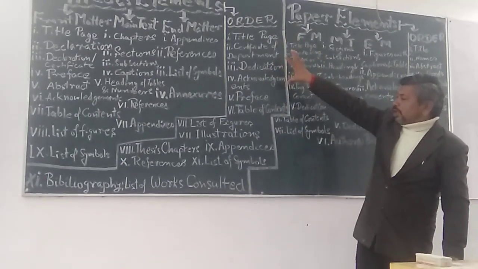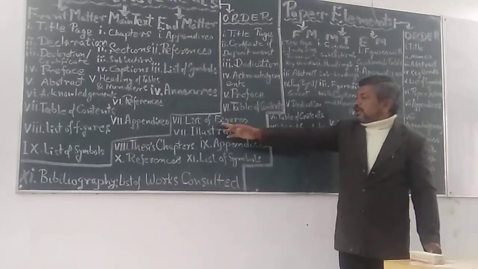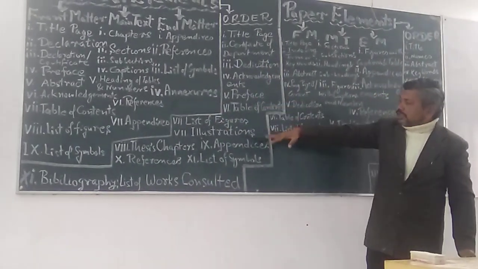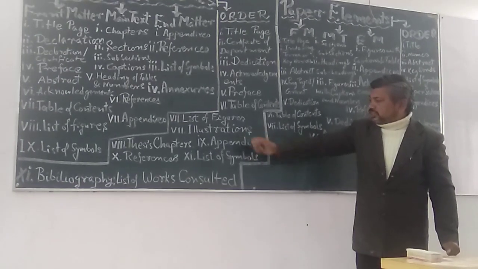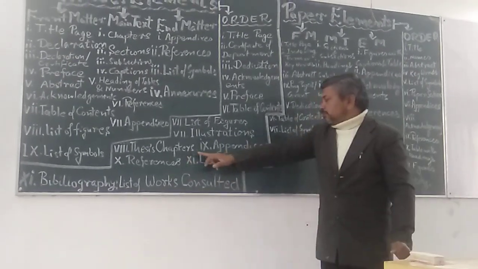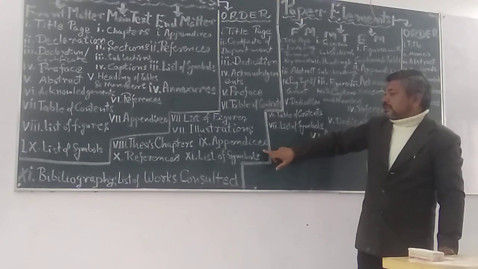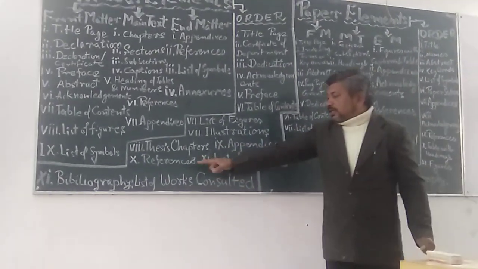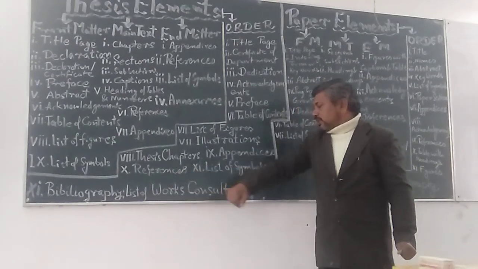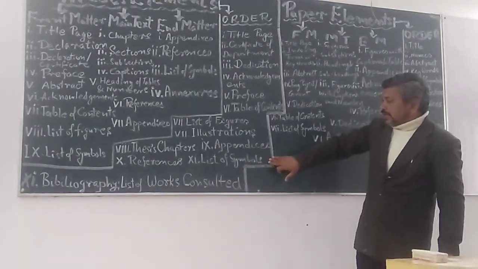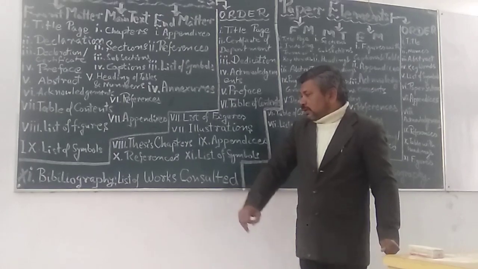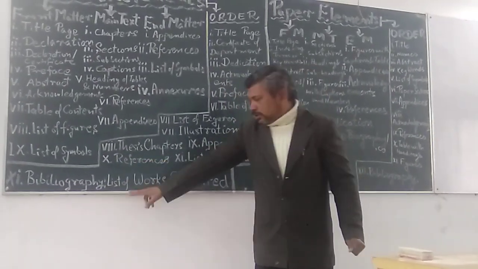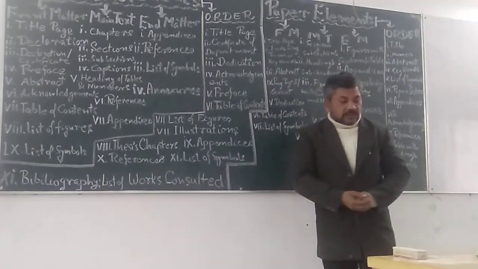This front matter will be organized this way. Then there will be the main body, after compilation, list of figures, illustrations, thesis chapters and appendices. After thesis chapters, appendices, then references and list of symbols, and finally bibliography. What is bibliography? Bibliography means list of works consulted.